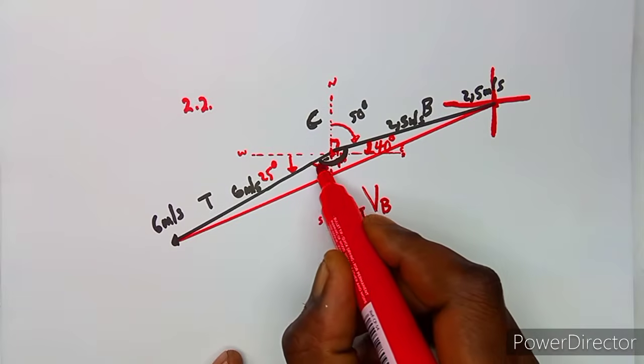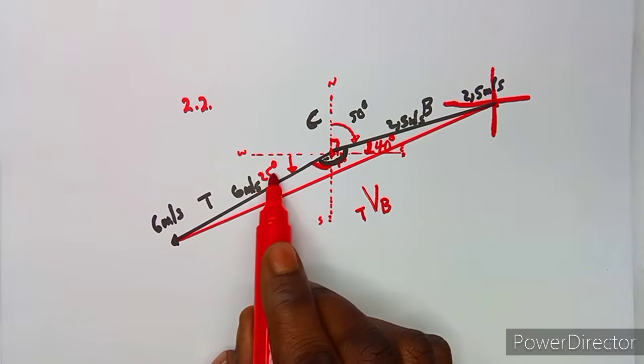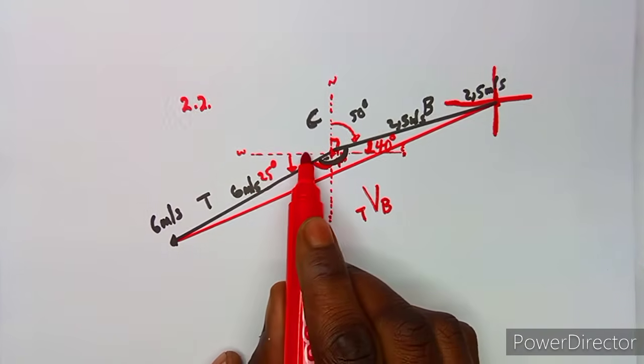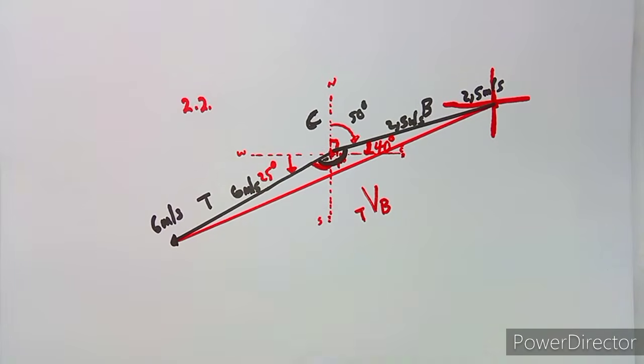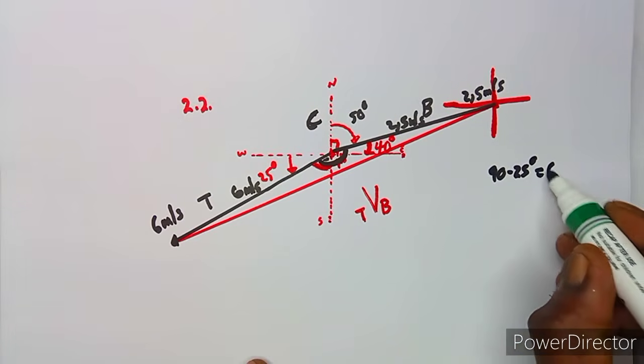You have to find this angle. How do you find it? You subtract from 90, because this is 90 degrees also. So it's 90 minus 25, which is 65 degrees.